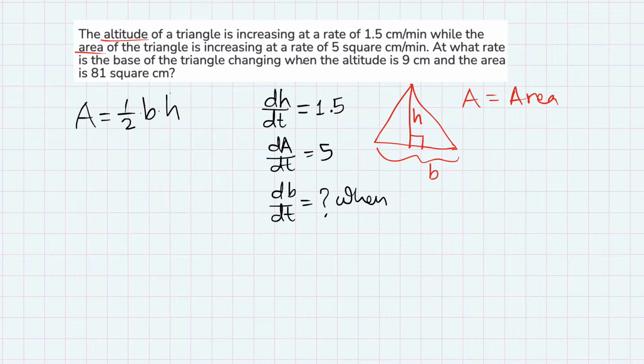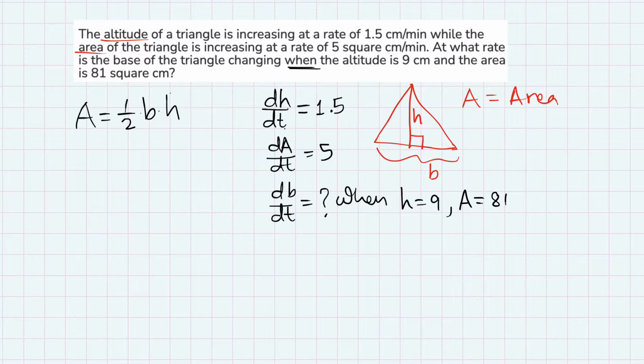At that moment, the altitude is 9. So that height is 9 and the area is 81 square centimeter. So in this question, read the question carefully to get this information. The altitude was changing, so area was also changing in this rate.